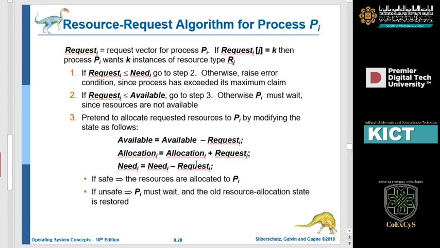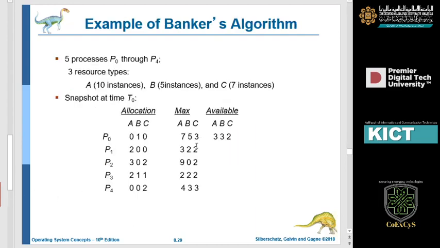The state is safe if the resources are allocated to Pi. If it's unsafe, Pi must wait and the old resource allocation state is restored. Okay, let's look at a full example.